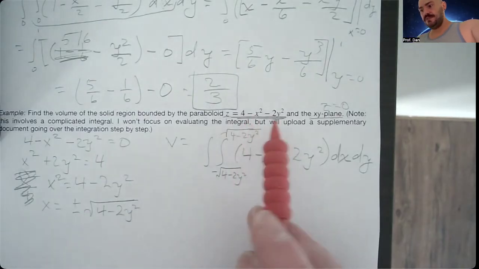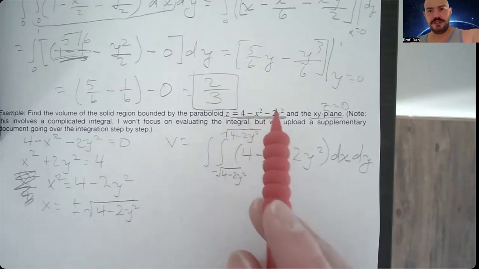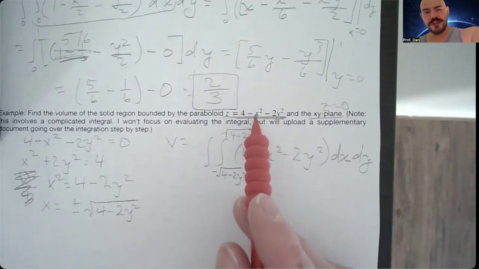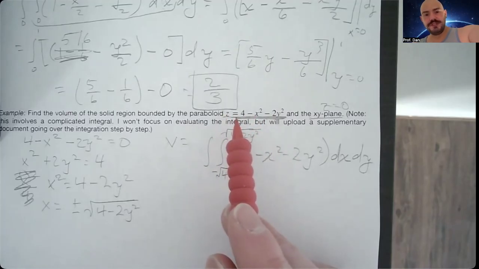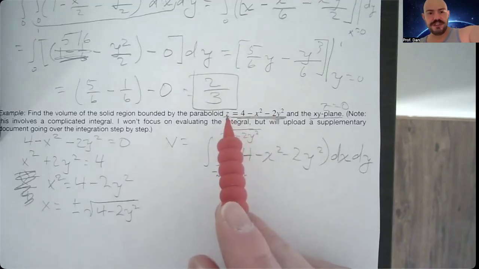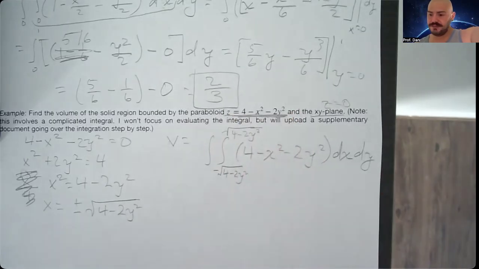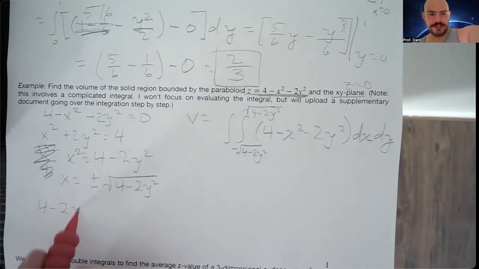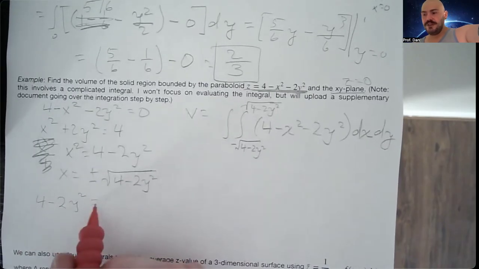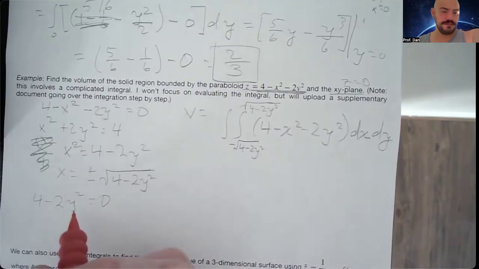One way to figure out the max would be to zero out one of the variables. So if x were equal to 0, in order for z to be equal to 0, we would have z equals 4 minus 2y squared, right? So let's write that out. 4 minus 2y squared equals 0.